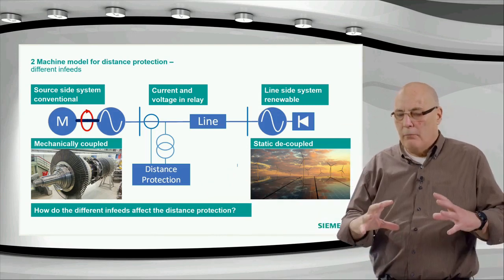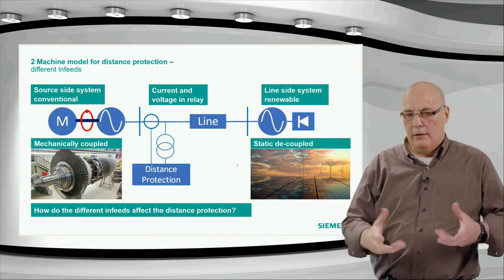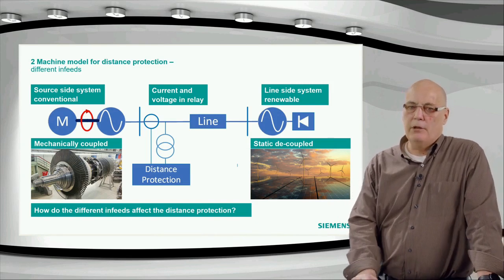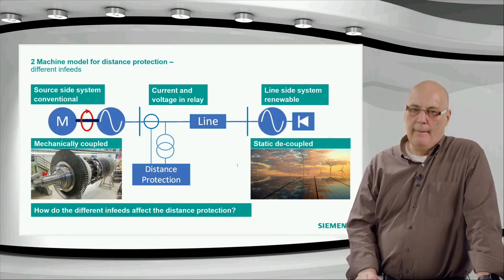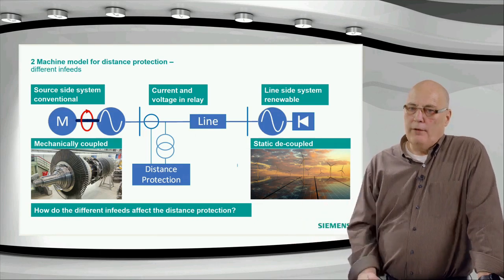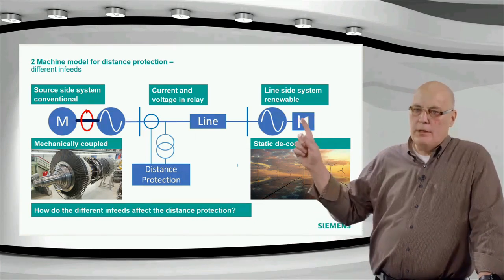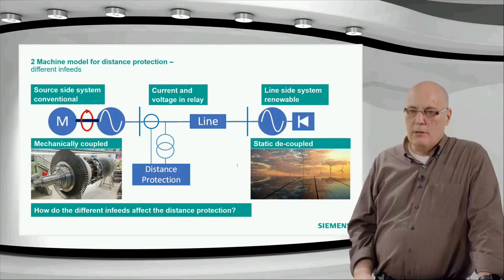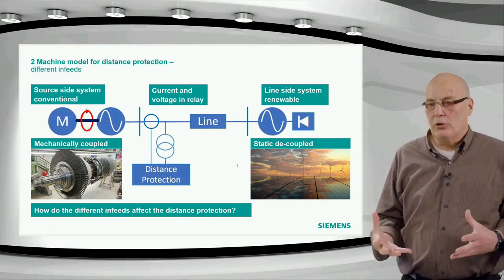This is what this is. You cannot immediately make the rotational speed of the generator change. The inertia is there. Not so over here. If we have a static coupled in-feed, you can see the little diode symbol here, the inverter-fed in-feed, it is static.